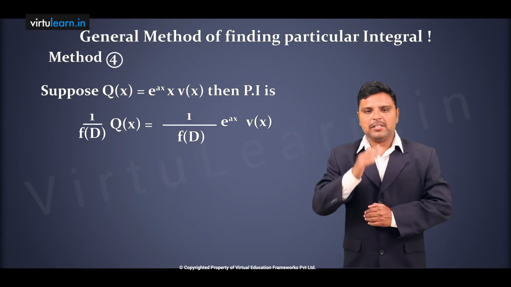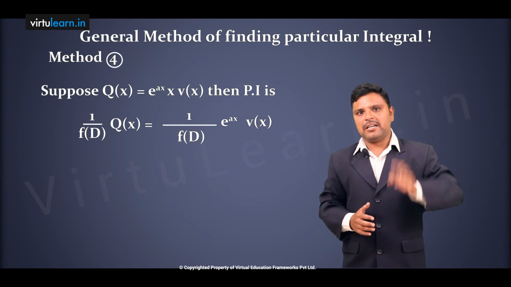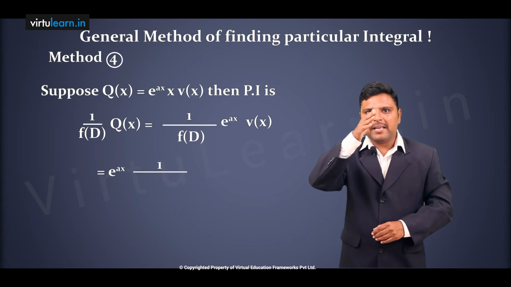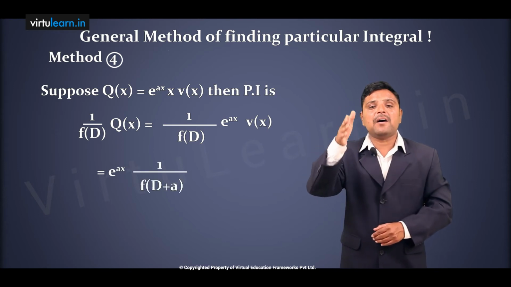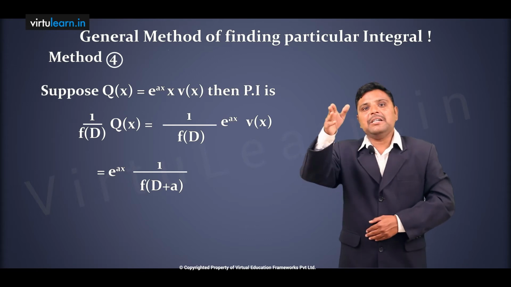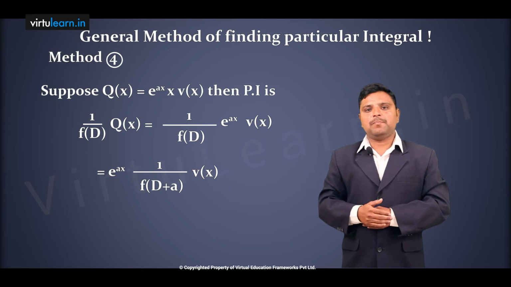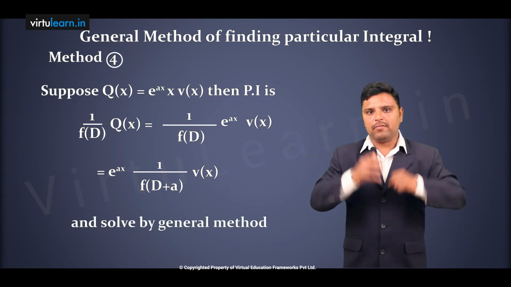Now, for this particular integral, I want to write e power ax outside. This is the standard procedure. I am writing e power ax outside, and f of d is written as f of d plus a, into v of x. Again, you solve this particular integral by the general method, by using the previous methods.